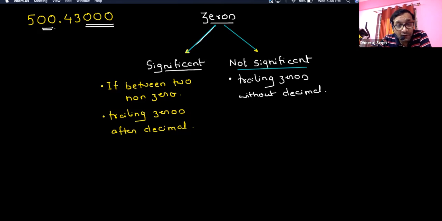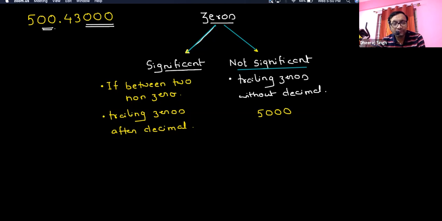The example, this one, 5,000. How many significant figures does this have? How is it 4? Only one. These are trailing zeros without decimal. Yes or no? Trailing zeros without decimal, so these three zeros are not significant.